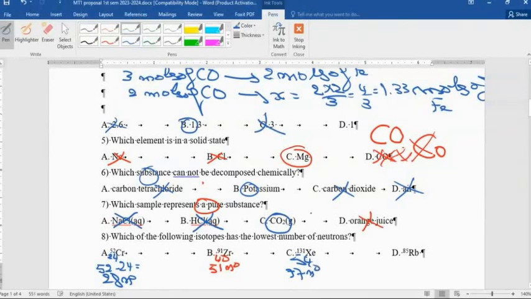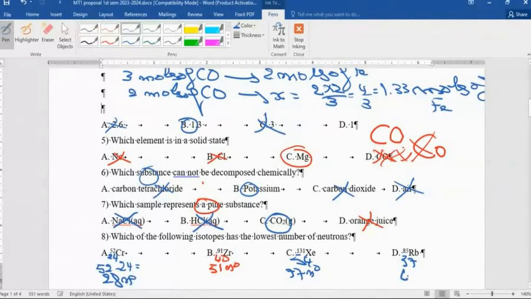The last one, rubidium. Rubidium is in group number 1, and its atomic number is 37. So the number of neutrons is 85 minus 37.